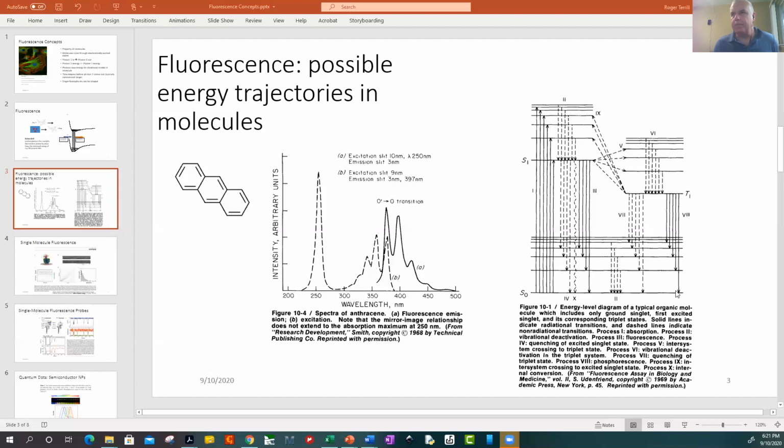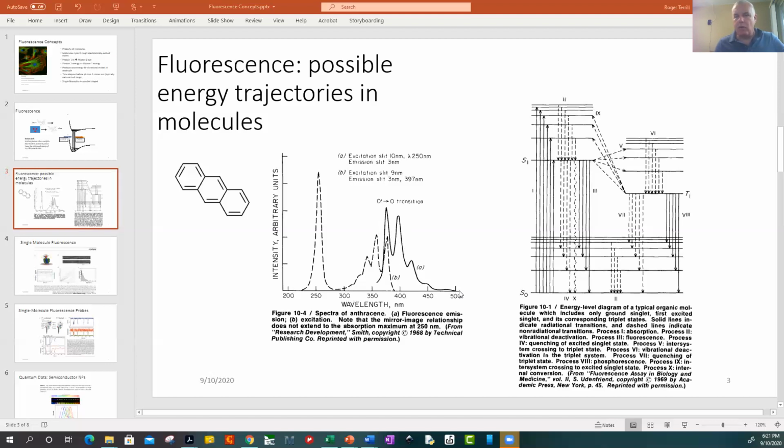So now there's two possibilities for this emissive transition here in the emission spectrum. It starts at 350, goes to about 500 nanometers.